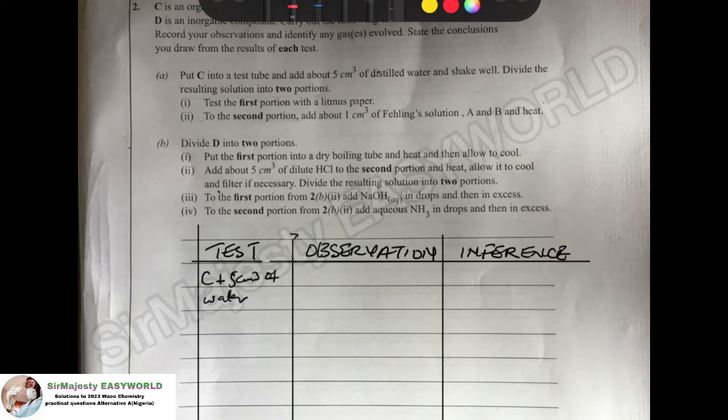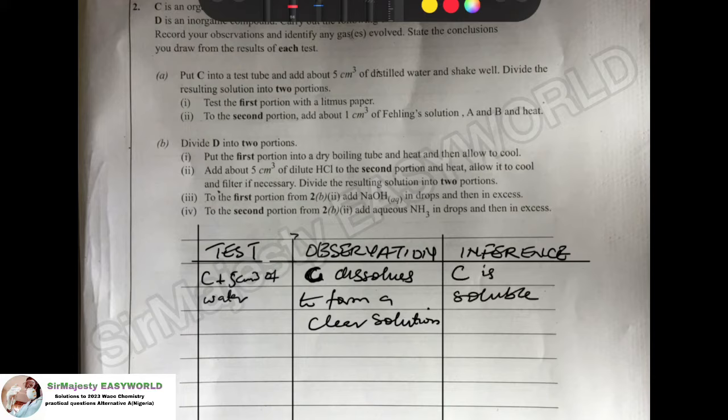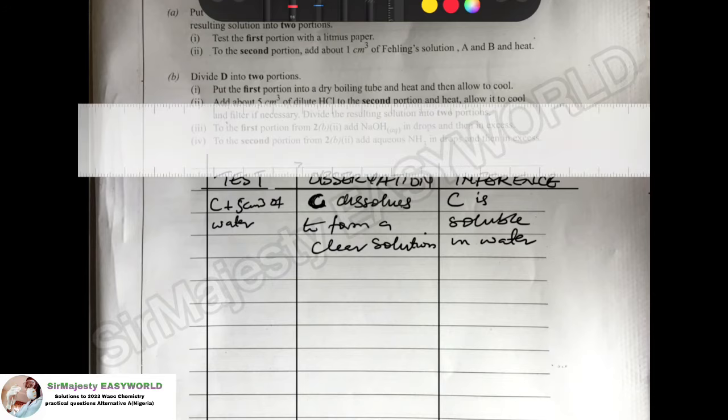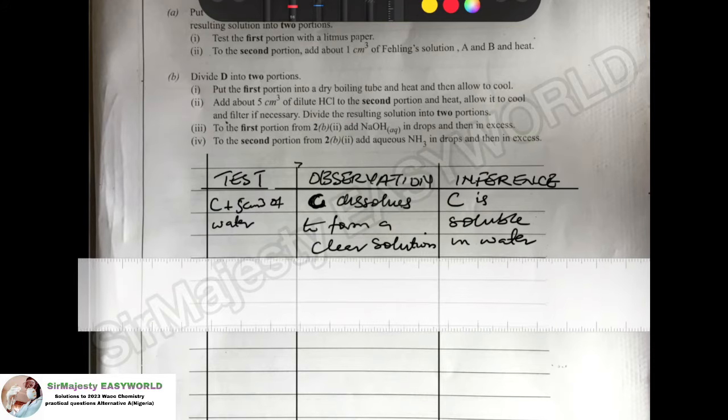It's not necessary, but because this video is just to teach, you can say sample C dissolves to form a clear solution. But this is not actually necessary. Then you write C is soluble in water. Yes, just because I'm teaching. But regarding this question, this is not necessary. So after each test, you rule again.